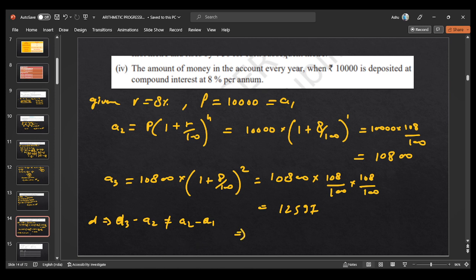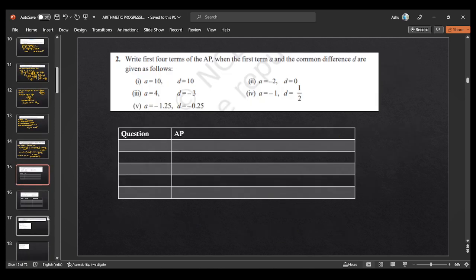So it is not an AP. Because do you know this formula is working just as a power. If the power is increasing, then the value will increase exponentially. If something is increasing exponentially, we cannot say that the difference between two quantities will be the same. Okay. So the next question is question 2.